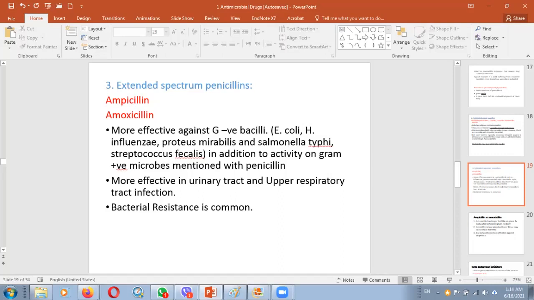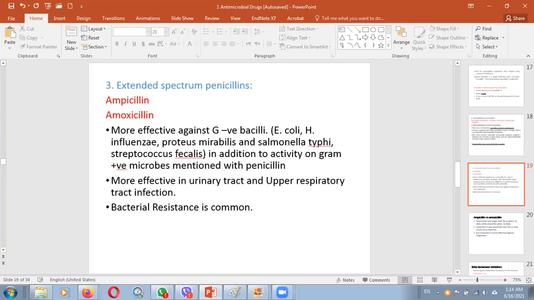Usually these bacteria cause many GIT problems. They are more effective against gram-negative bacteria in addition to activity on the gram-positive microbes mentioned with penicillin.